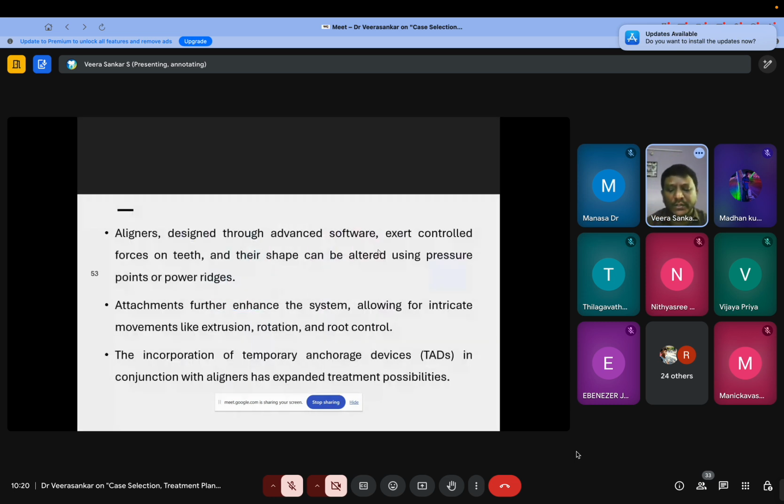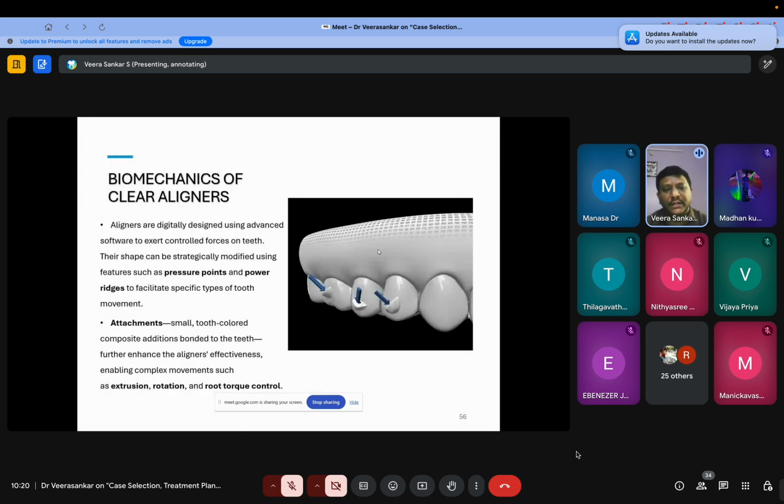Aligners designed with advanced software exert controlled forces on the teeth, and their shape can be altered using pressure points or power edges. Attachments further enhance the system, allowing for intricate movements like extrusion, rotation, and root control. The incorporation of tabs in conjunction with the aligners has expanded treatment possibilities.